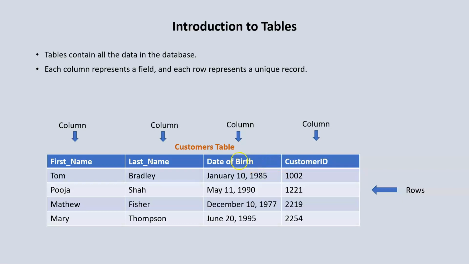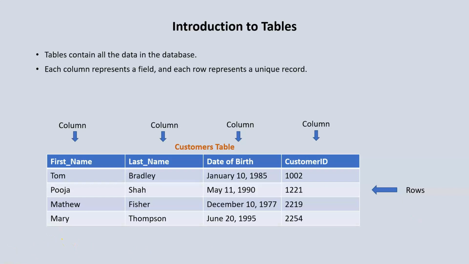So this is a date data type. If we look at the customer ID, this contains integers or numbers. So 1002, 1221, 2219, 2254. So this is a numeric data type. So having our data inside of a table helps us to achieve structure and efficiency with our data.